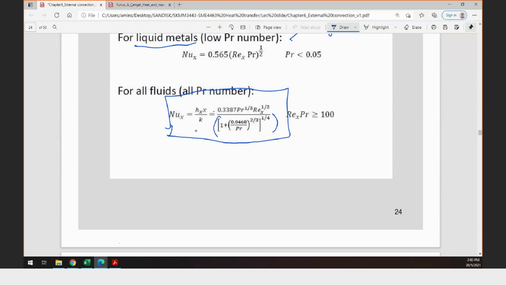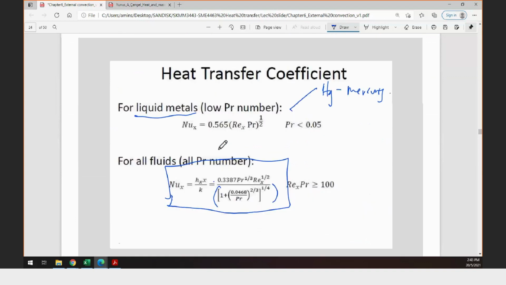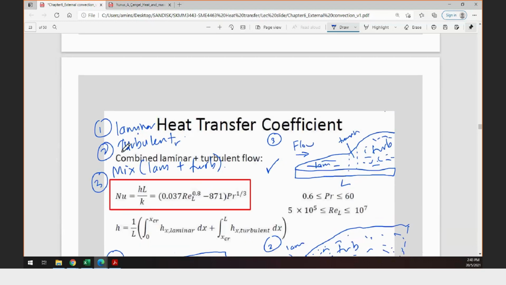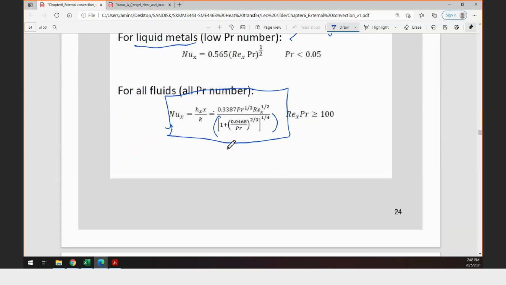Okay, so if you may ask which one I want to use, it's up to you. If you want to use a simple equation, you can use either the first, second, or third. But if you want to use a more lengthy equation or lengthy correlation, you can use this one. But to use this one, this condition must be met, which is Reynolds number times Prandtl number is greater than 100.